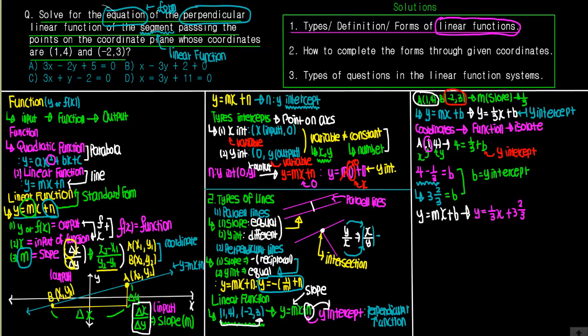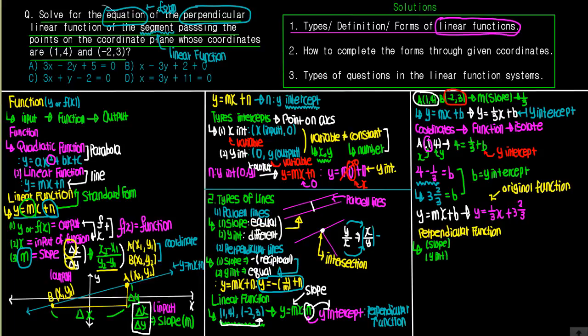But we are not done yet. We just solved our original function, and we're trying to solve for our perpendicular line, the function that is perpendicular to the linear function y is equal to 1/3 x plus 3 and 2/3. According to its property, we always need to define this through our slope and our y-intercept.